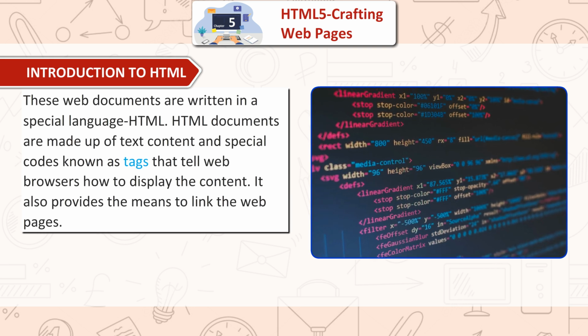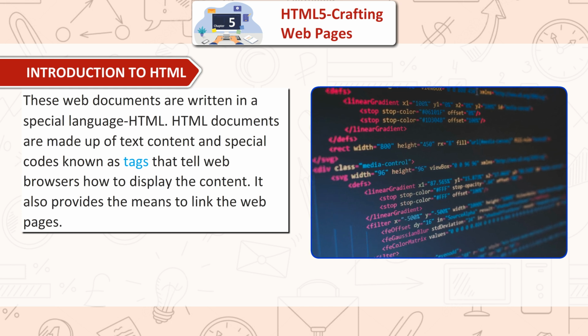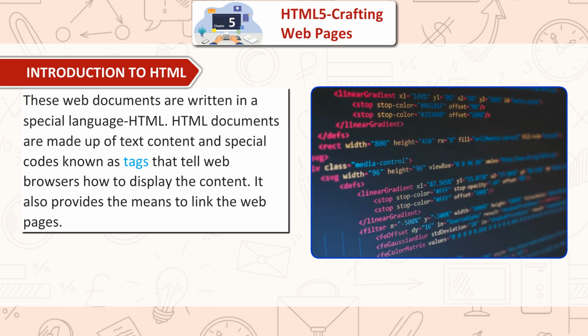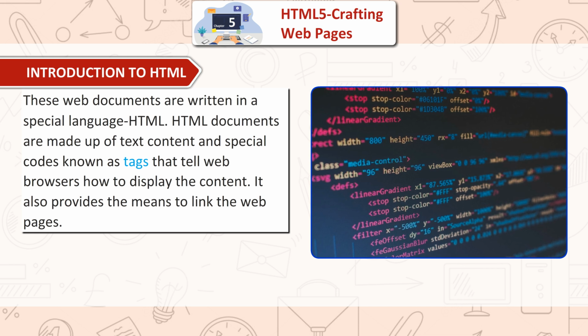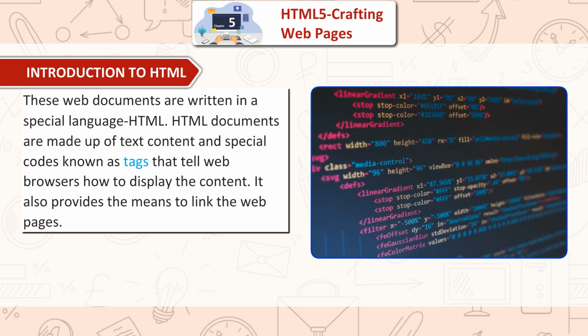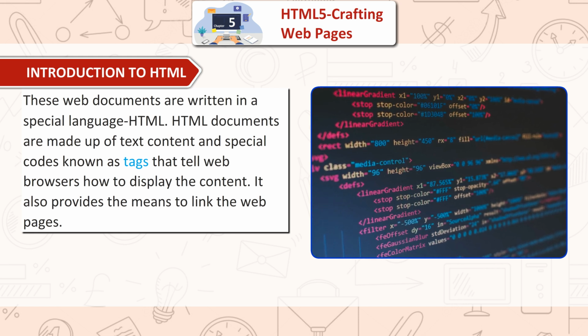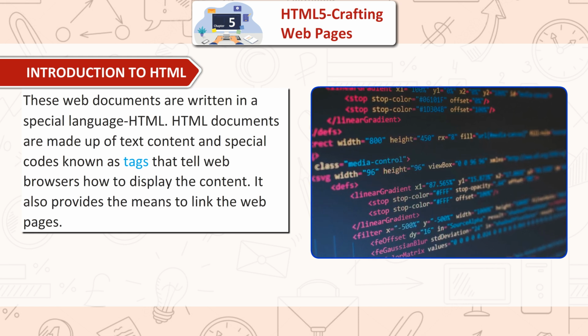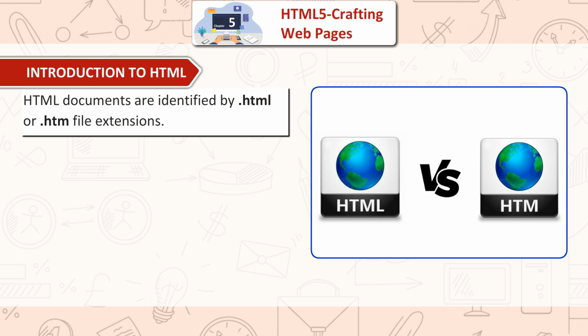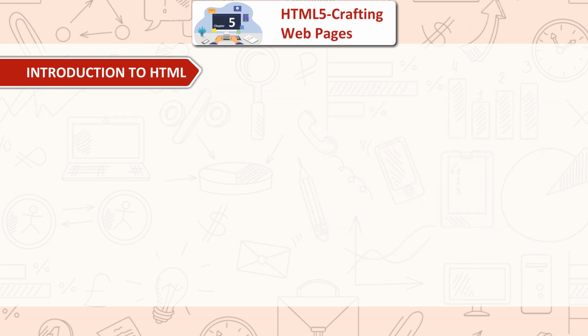These web documents are written in a special language, HTML. HTML documents are made up of text content and special codes known as tags that tell web browsers how to display the content. It also provides the means to link the web pages. HTML documents are identified by .html or .htm file extensions.